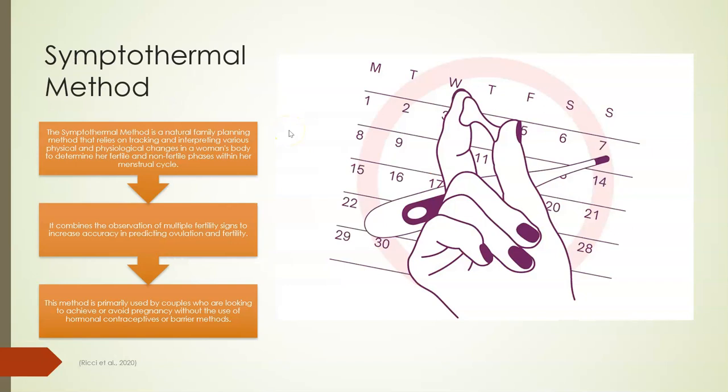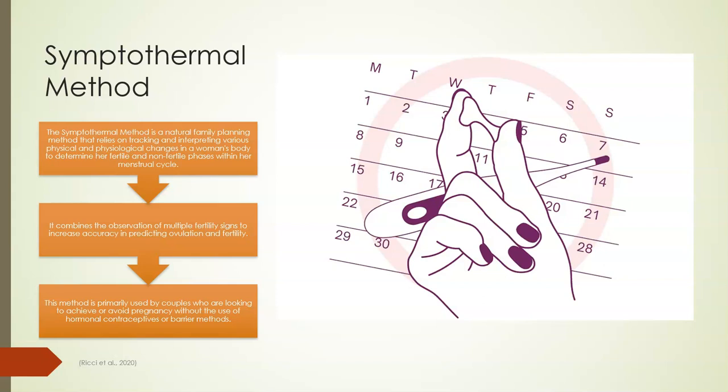Symptothermal method. The symptothermal method is a natural family planning method that relies on tracking and interpreting various physical and physiological changes within a woman's body to determine her fertility and non-fertility phase within her menstrual cycle.